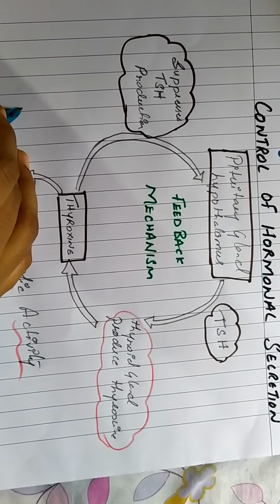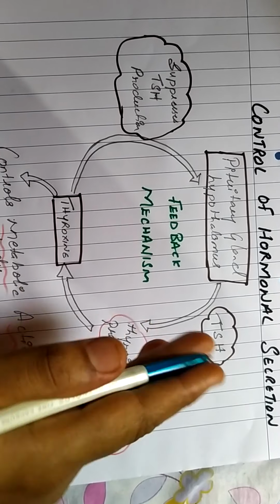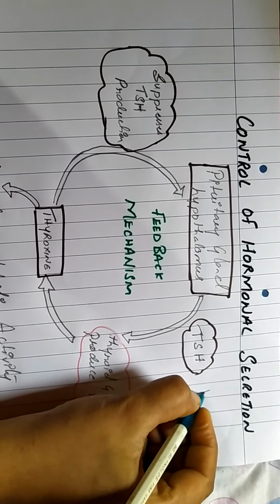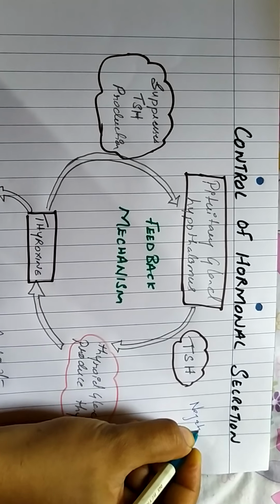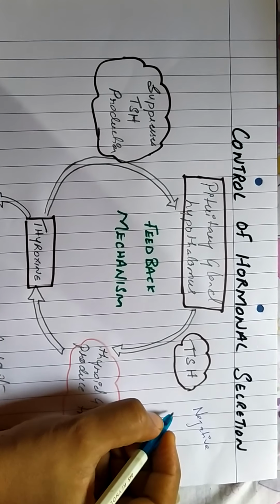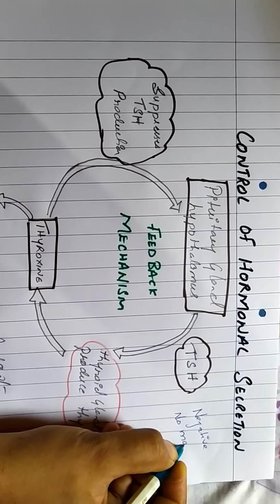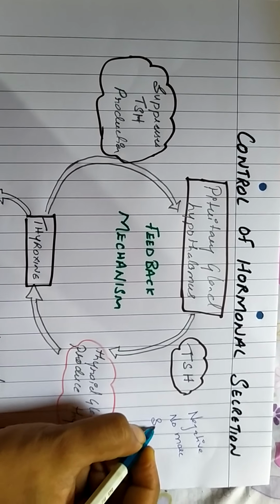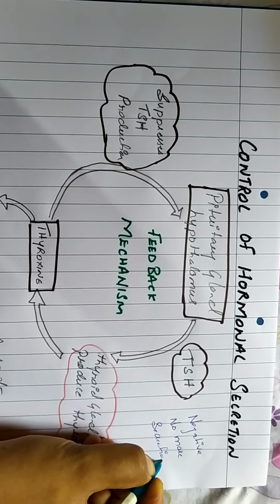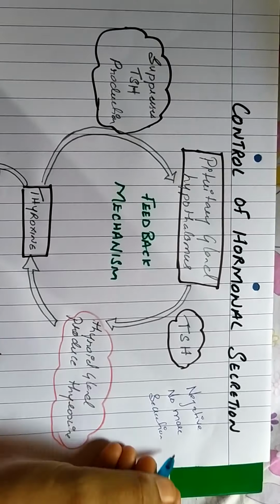In positive feedback, the end product asks for more production. In negative feedback, no more secretion, or it can be slowed down.